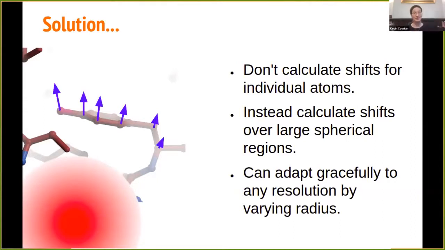And that tells us whether these large spherical regions need to move, which, depending on how the mathematics worked out, might be hard work, might be computationally very expensive, but actually it turns out that it's a very natural adaptation of the existing mathematical formulation of refinement. So a very slight tweak to the algorithm means that we're no longer looking for shifts to atoms, we're looking for shifts to big domains.